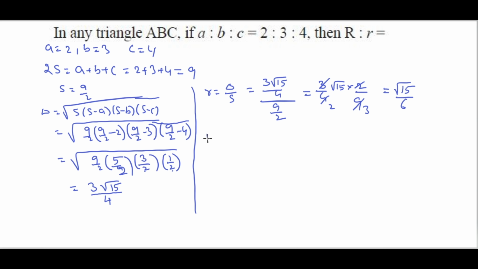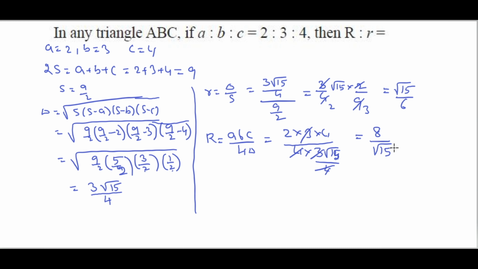Capital R is equal to abc by 4 delta, that is 2 into 3 into 4 by 4 into 3 root 15 by 4. Here the 4 cancels and the 3 cancels, that is equal to 2 into 4, so 8 by root 15.